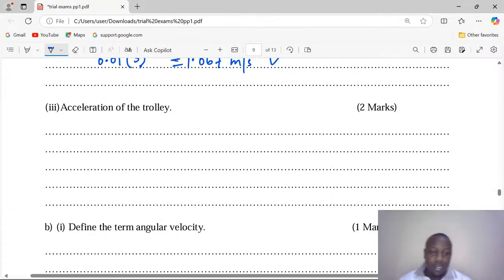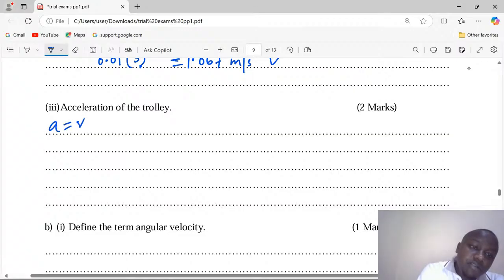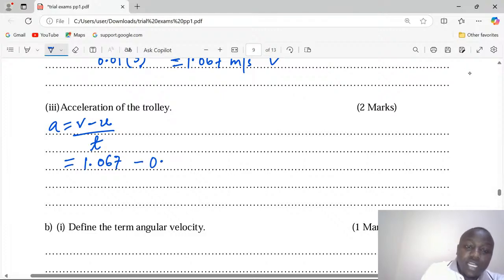Part 3, acceleration of the trolley. We know that generally acceleration is given by final velocity minus initial velocity, out of time. What is the final velocity? 1.067 minus initial velocity 0.3, then divided by time.